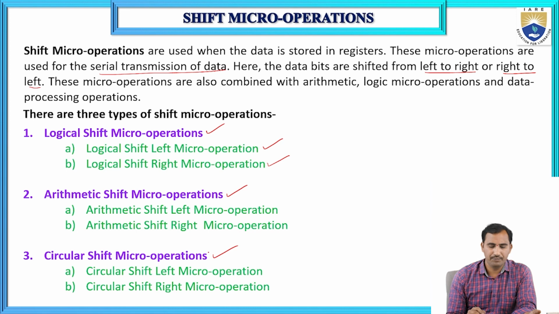Arithmetic shift is also divided into 2 types: arithmetic shift left and arithmetic shift right. And the circular shift micro operation again has 2 types: circular shift left and circular shift right.